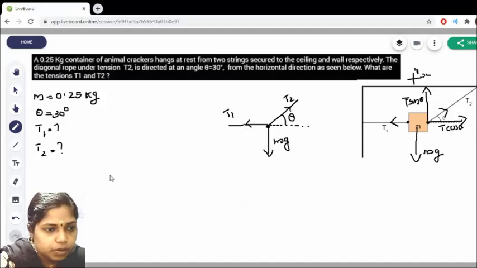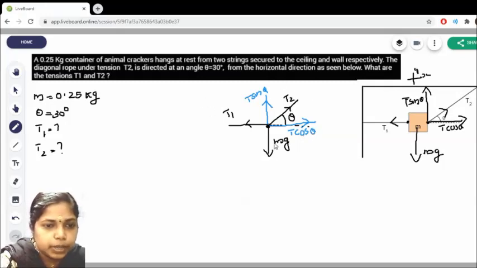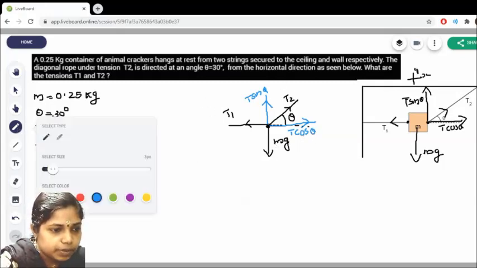So we have to resolve this tension T2 into parallel component and perpendicular component, and we are getting this will be T sin theta and this will be T cos theta. Right. Now this is the free body diagram of the given situation.